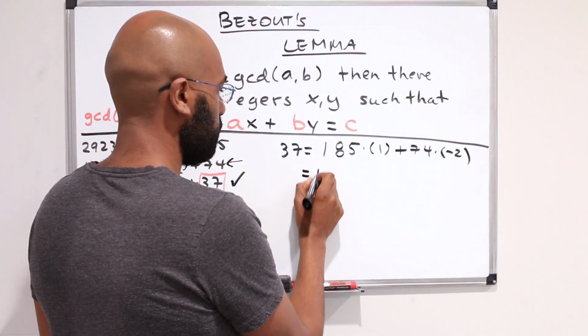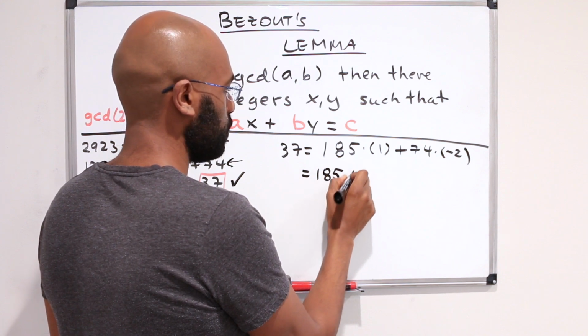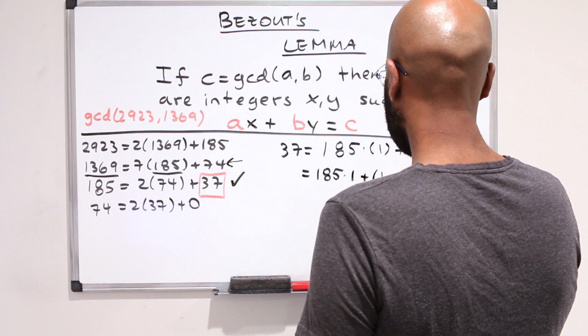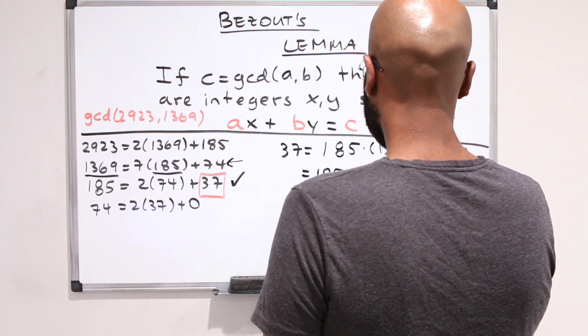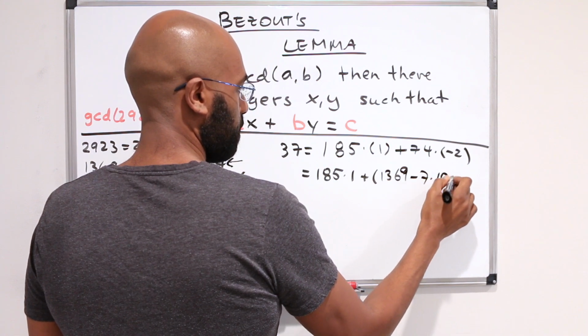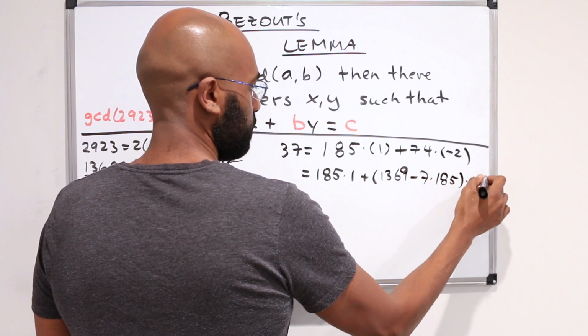So if we do that, we have this 185 times 1, which stays, and then we replace 74 by this combination here, 1369 minus 7 times 185, and then multiply by negative 2.